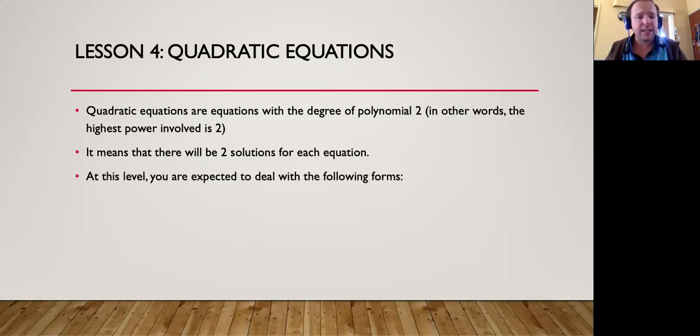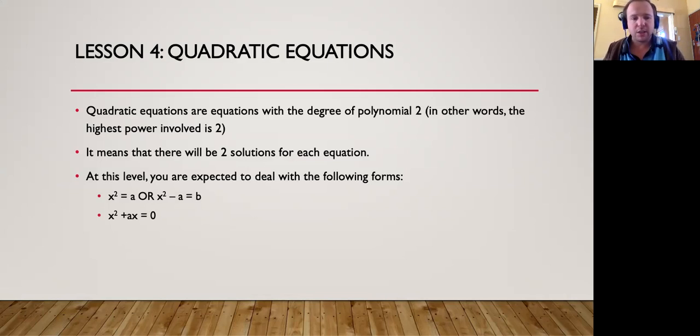Right. At this level, you're going to be expected to deal with the following forms. The first one is where you'll be given a simple quadratic, like for example, x squared is equal to a number, or you're going to be given something like x squared minus a number is equal to a second number. All right, we're going to go through each one of these just now. Also, you might be getting a question where it goes x squared plus a number times x is equal to naught.